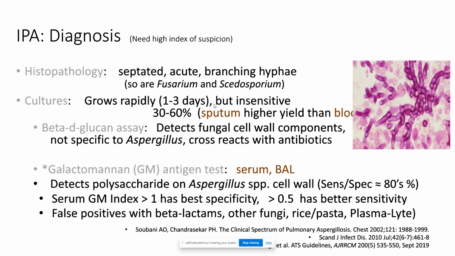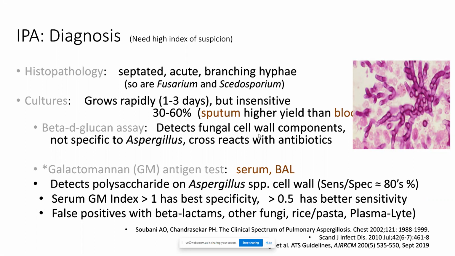Cultures grow rapidly if they're going to grow, but the problem is they have very, very poor sensitivity. Sputum has a little bit higher sensitivity than blood on cultures. More and more, we're looking at beta-D-glucan assays, and probably the best test is the galactomannan. And in fact, this is Fungitell, this one.